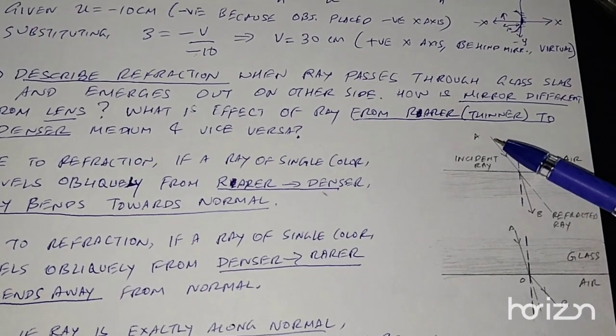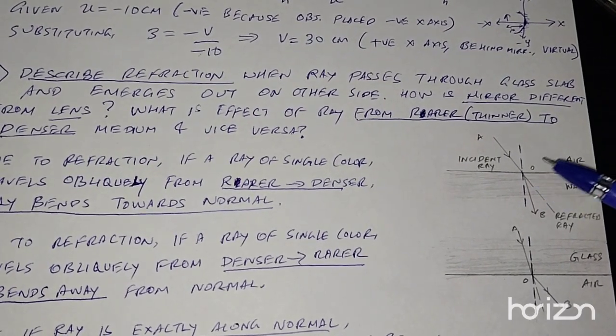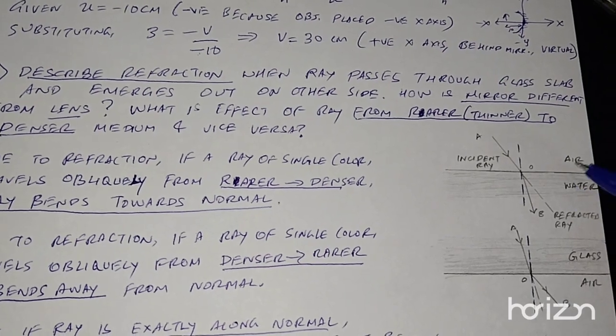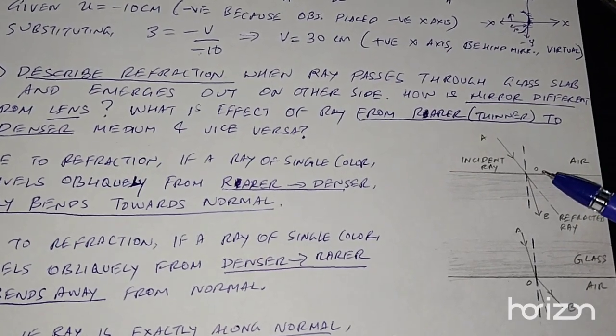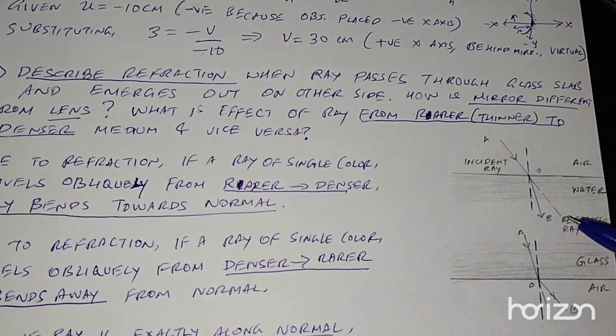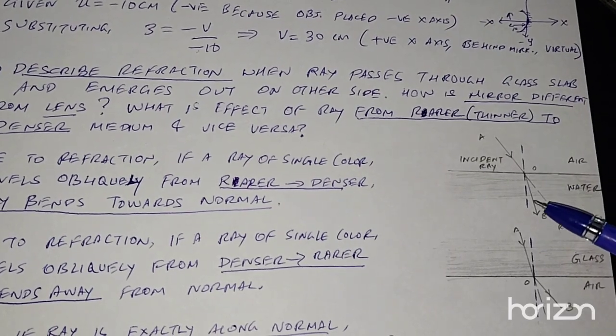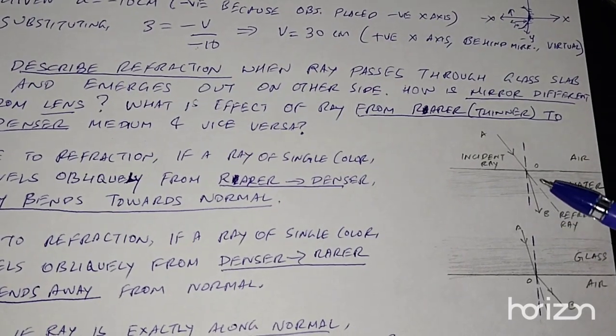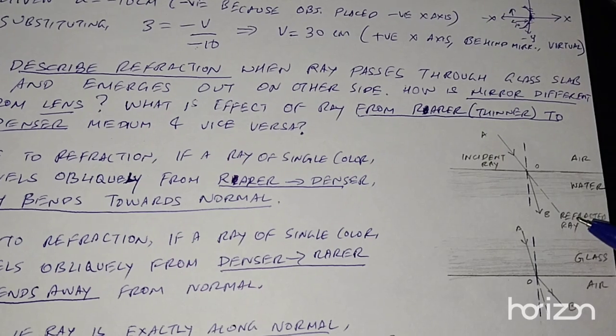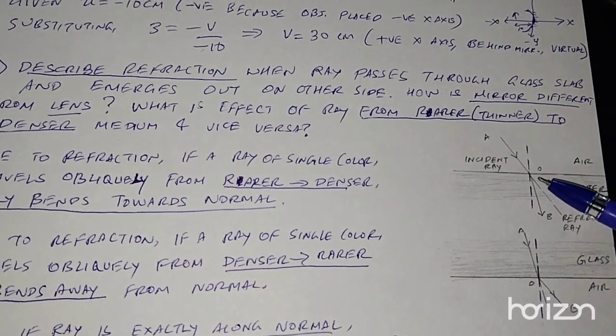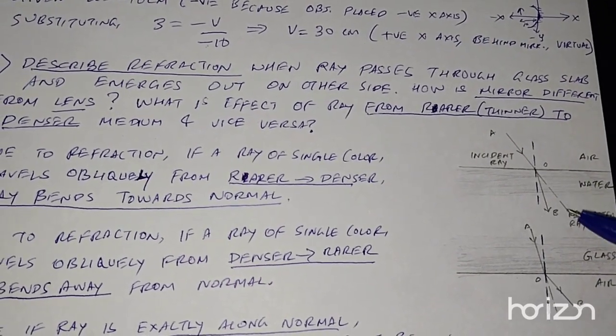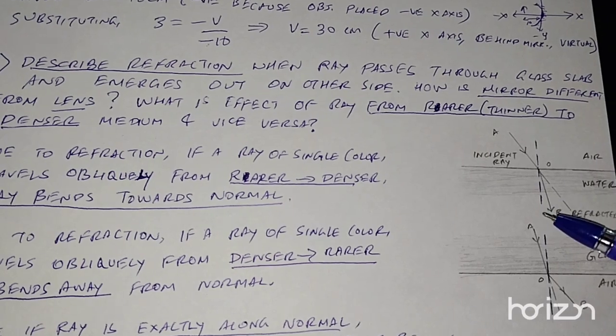So when it obliquely hits the surface of water at point O, instead of going straight along this dotted line, it bends towards the normal. See this? Ray OB, which is the refracted ray, is bent towards the normal. Instead of going straight along the dotted line, it has bent towards the normal.